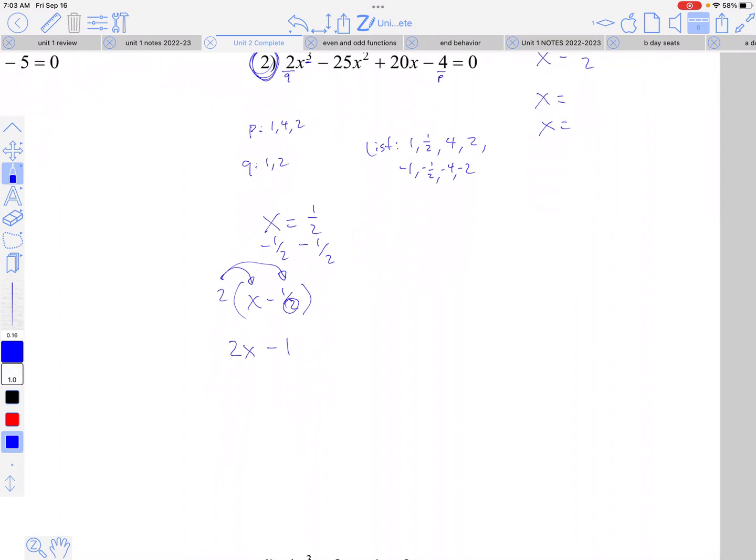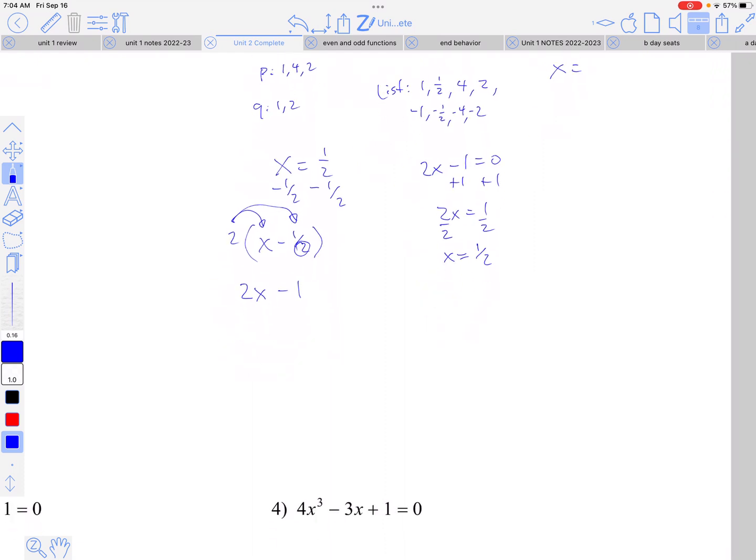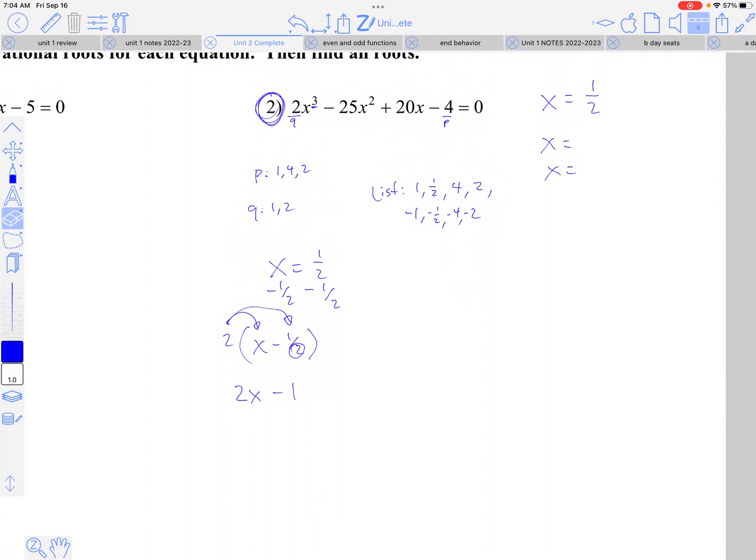Whatever the denominator is in your factor, you just multiply by that. Because remember, we know the solution is 1/2. So if I take 2x minus 1, set it equal to 0, I can get 1/2 that way. So it's an equivalent way to write it, and it just helps some people that don't like to work with fractions. But if you're fine working with fractions, go for it.